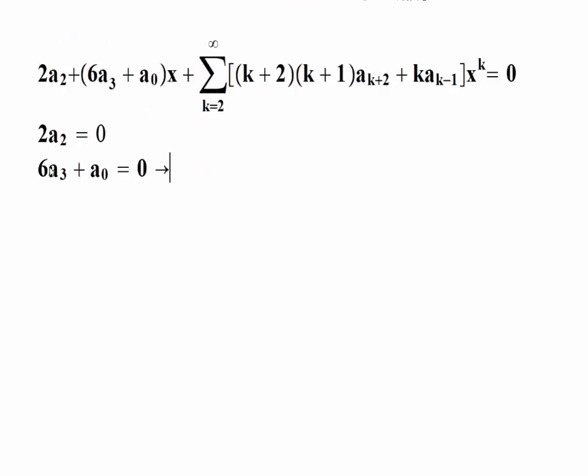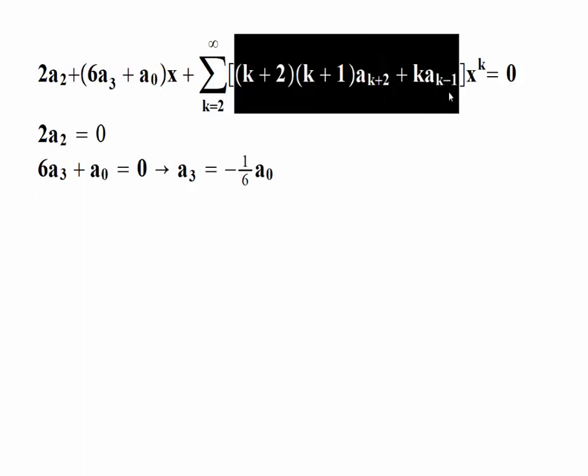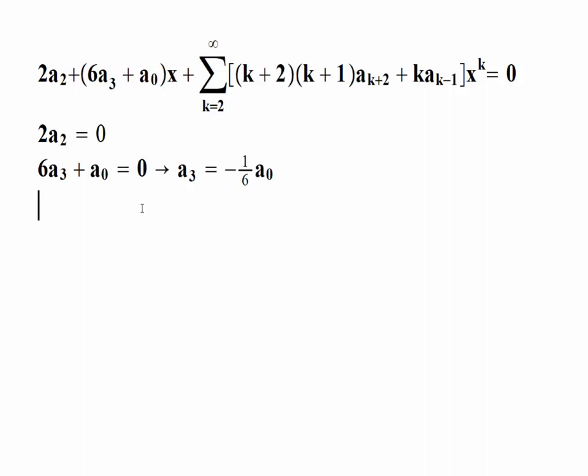This is simply going to give us that a3 equals negative 1 over 6 times a0, right? And then here we are going to start setting these equal to 0, starting with k equals 2, right? Because till the power 1, we have handled that here.